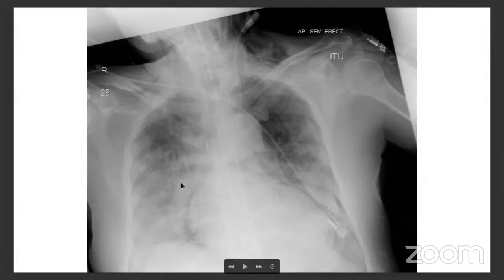And as you can see here, the bit of additional lucency around the heart could sometimes be the only sign in ITU patients, where the air is collected anteriorly. You may not see a proper visceral pleural line, and this may be the only sign to pick up a pneumothorax in a portable X-ray.